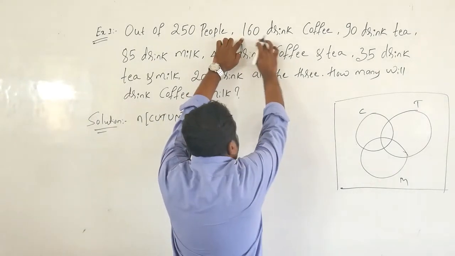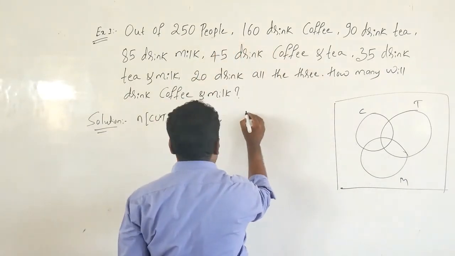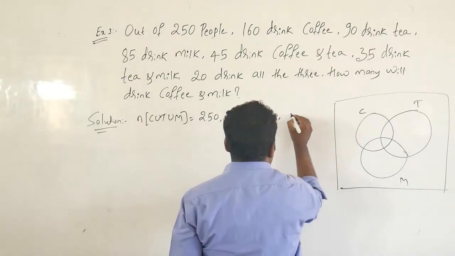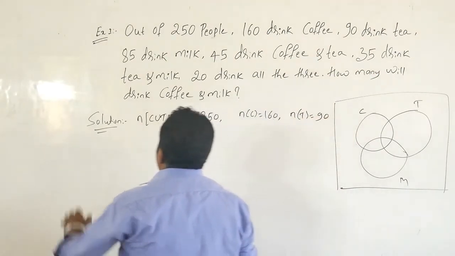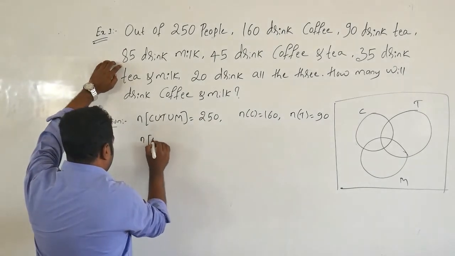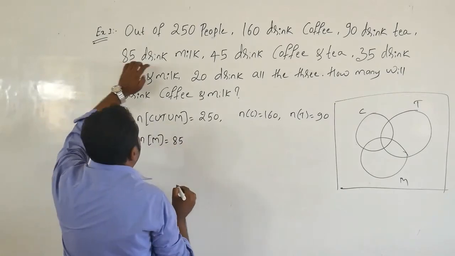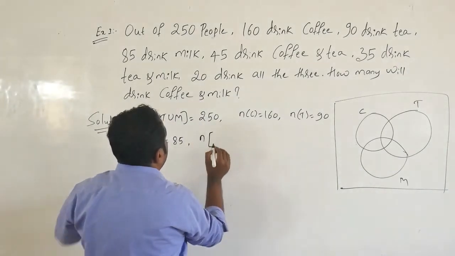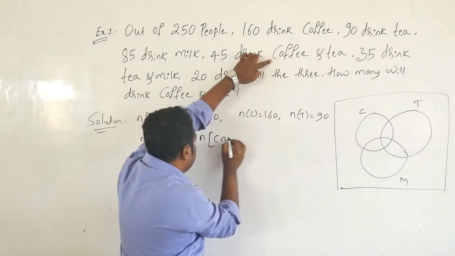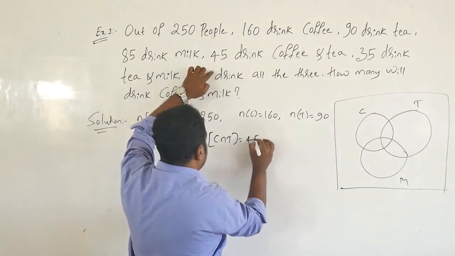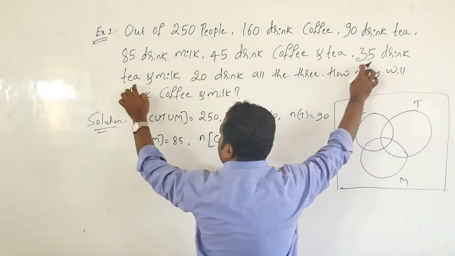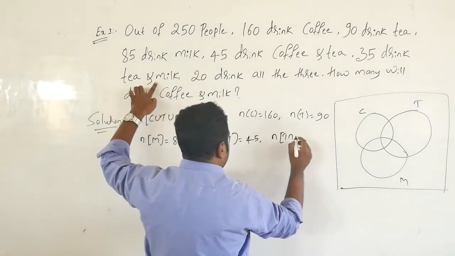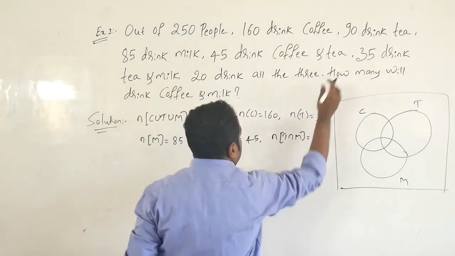Next, 160 drink coffee, n of C is equal to 160. 90 take tea, n of T is equal to 90. 85 milk, n of M is 85. 45 drink coffee and tea, and means intersection, n of C intersection T is equal to 45. 35 drink tea and milk, n of T intersection M is equal to 35.